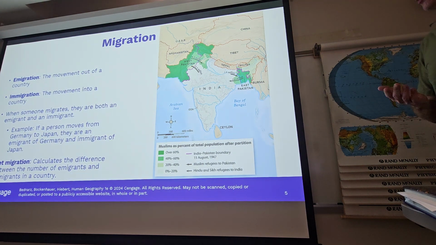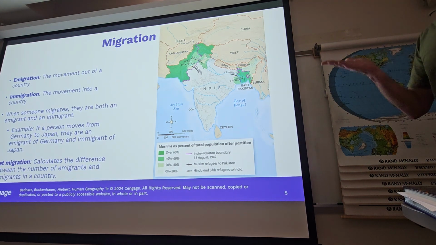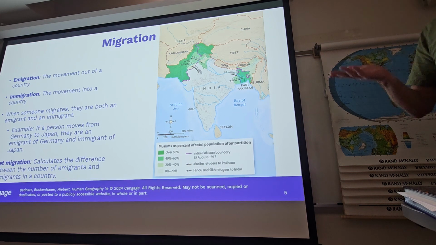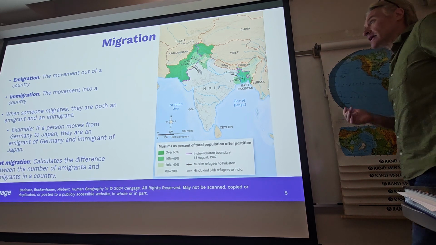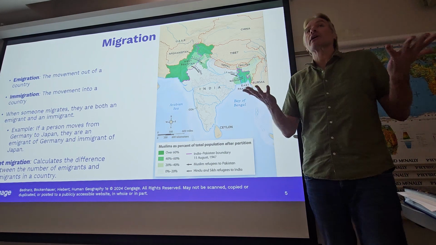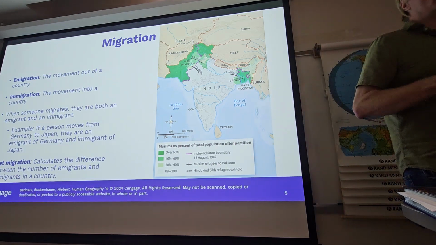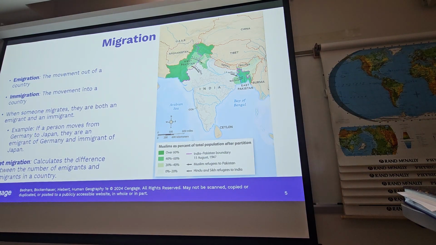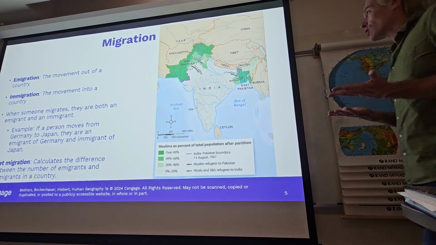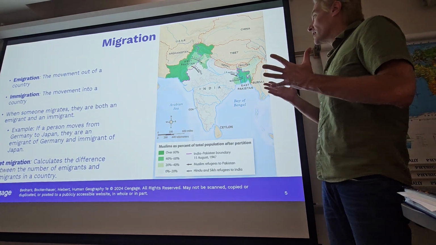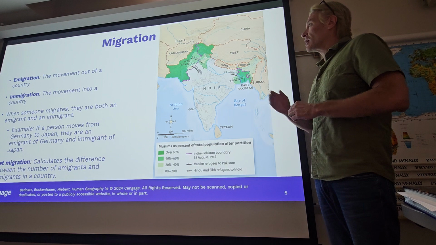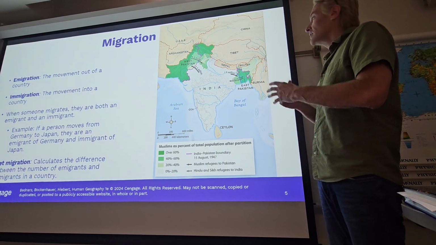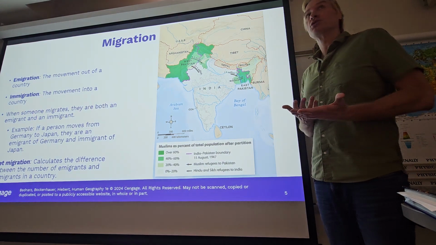When colonialism was wrapping up, basically in a nutshell, after the Second World War, England not only didn't have the power to hold its colonies anymore, it didn't really have the will to do it as much. And so before it did that, it decided to split up the territories that it had into two countries.